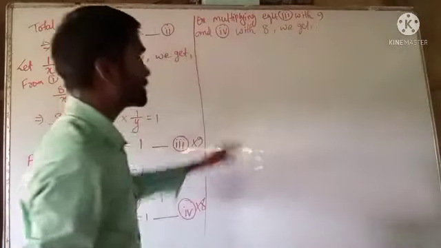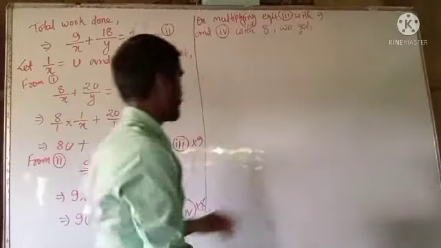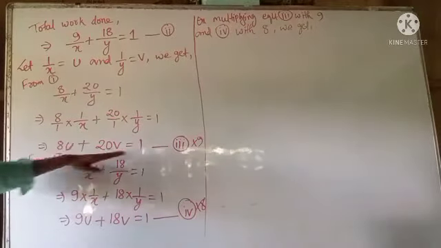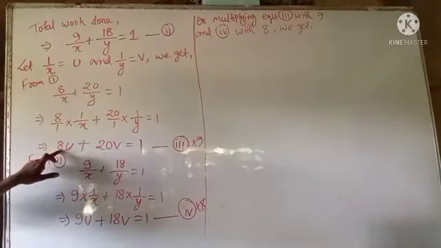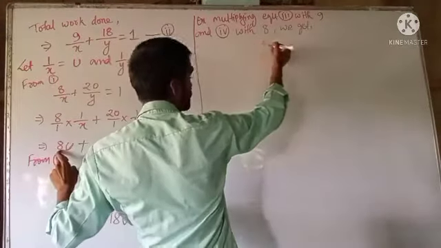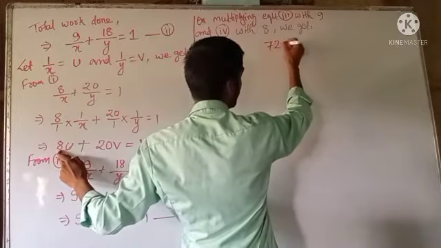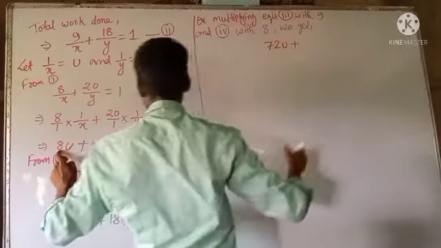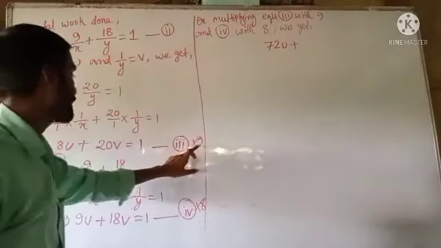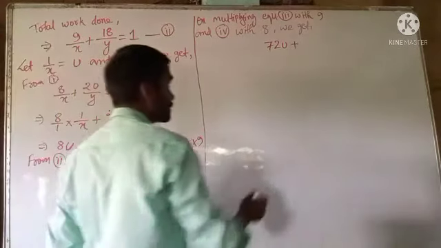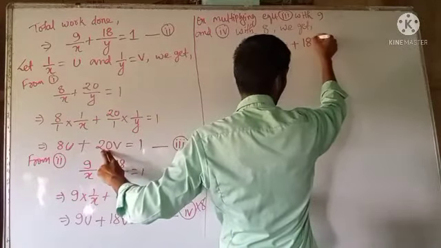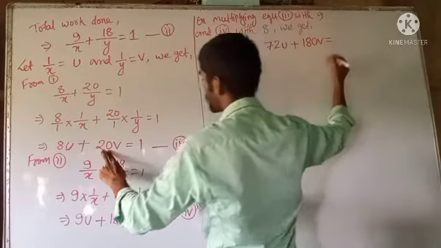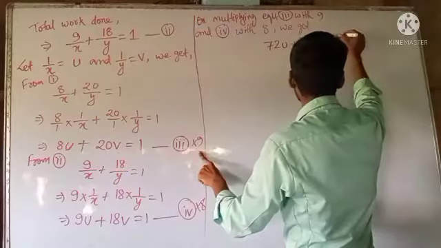So when we are multiplying equation 3 with 9, what we will get? Equation 3 here, it is 9 into 8, 72u plus 20 into 9, 180v is equal to 1 into 9, it is 9.